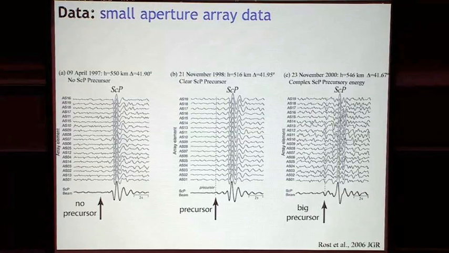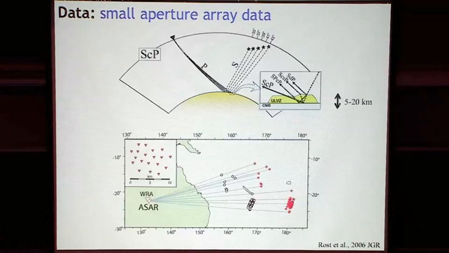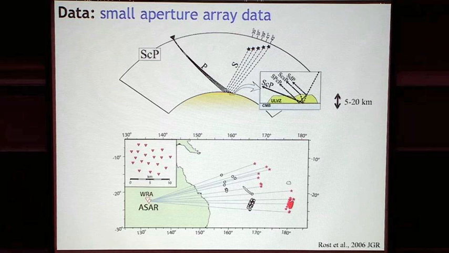The challenge is, okay, these are bounce points of these earthquakes. Now, this path of SCP is asymmetric because when you convert to a P wave, it has different velocities. So by Snell's law, S velocity in, P wave out.